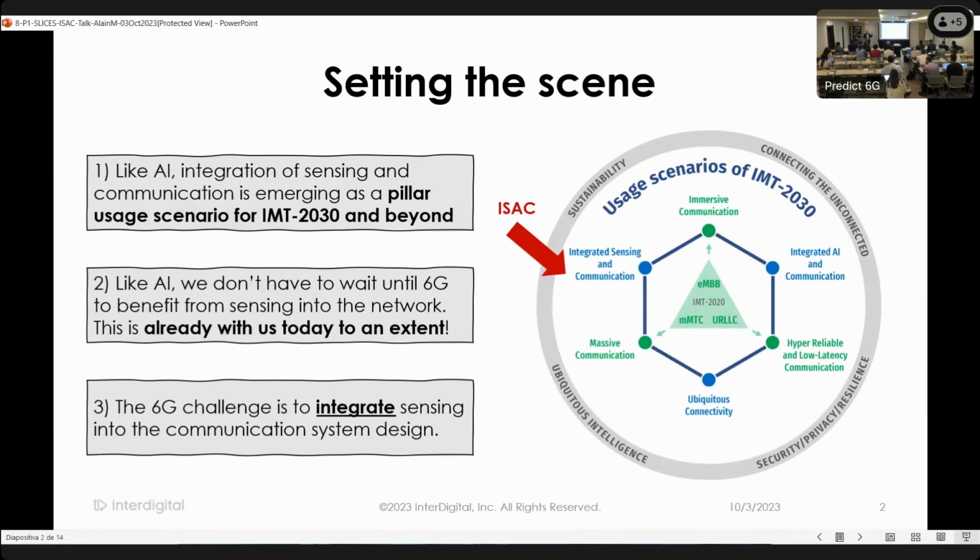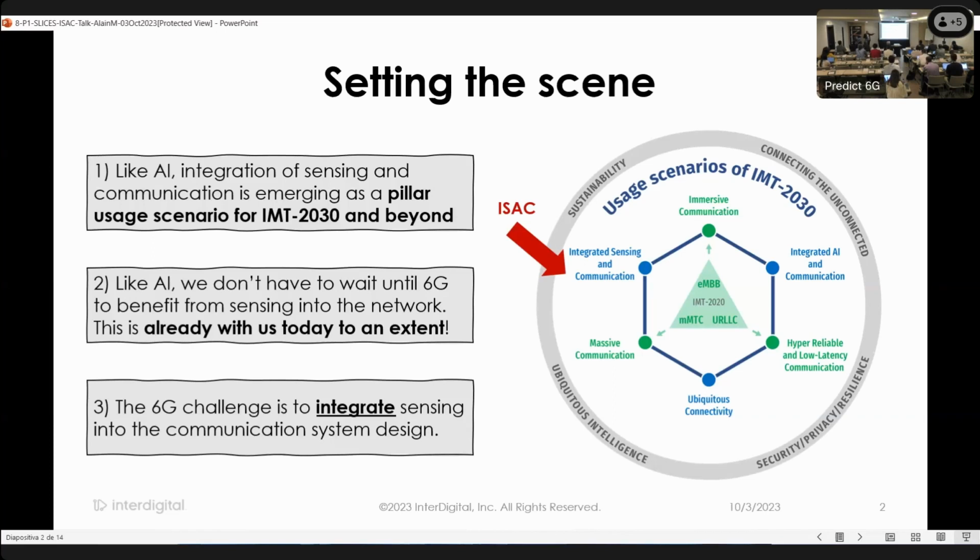At the very heart of this, there is a very nice triangle that all of us who have been involved in 5G are pretty much familiar with. It has the 3 vertices of eMBB, enhanced mobile broadband, URLLC, and massive MTC.